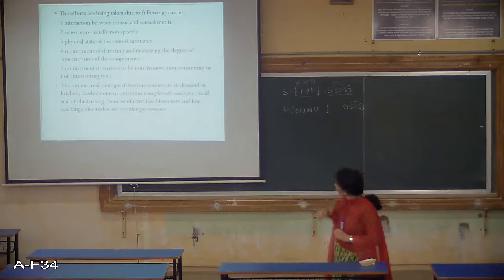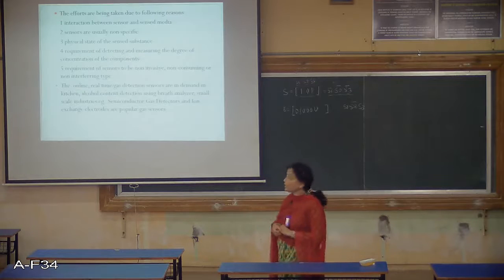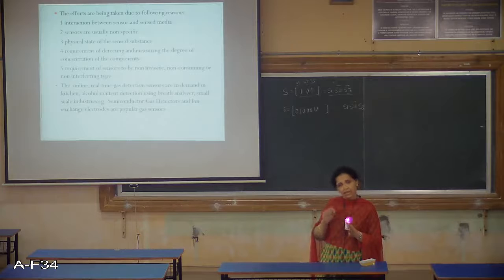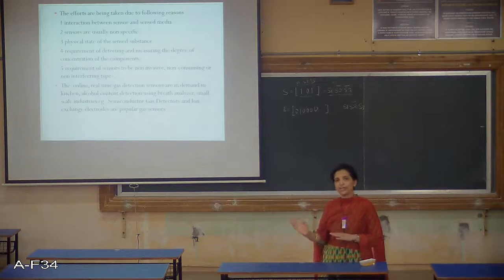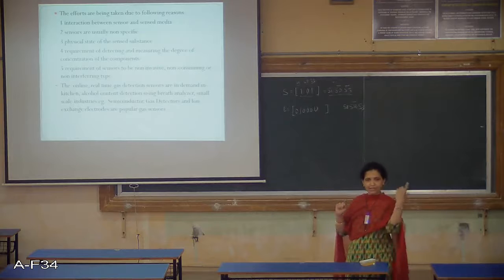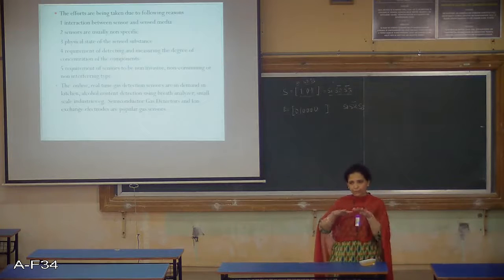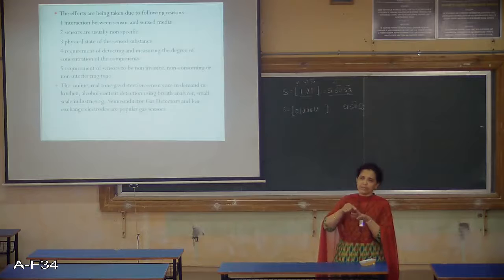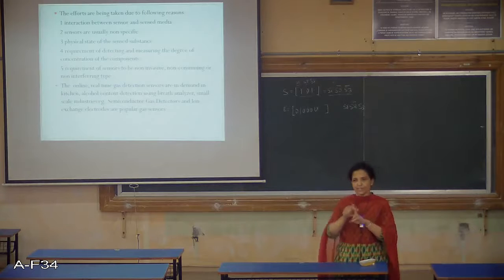The next point is sensors are usually non-specific. Now some of the sensors are very, very specific and the majority of the sensors are non-specific. Non-specific in the sense that they are designed to cater to the needs of different levels. Suppose I want to sense nitrogen gas.